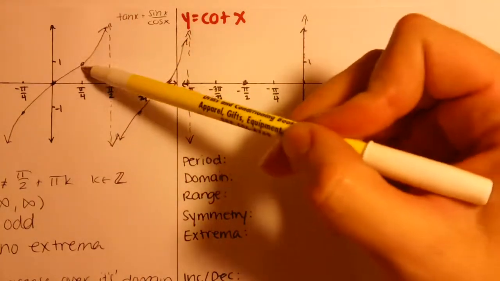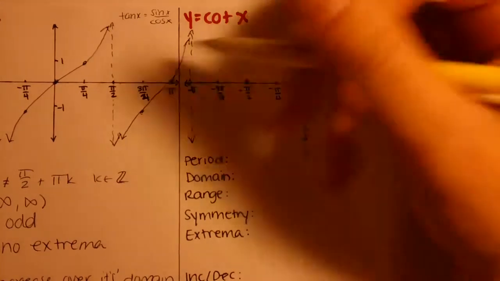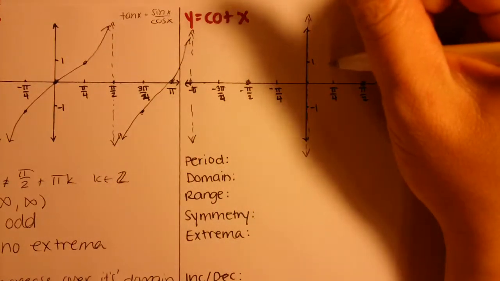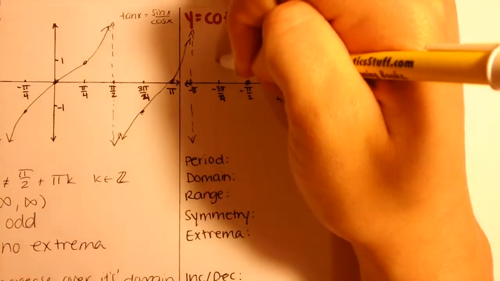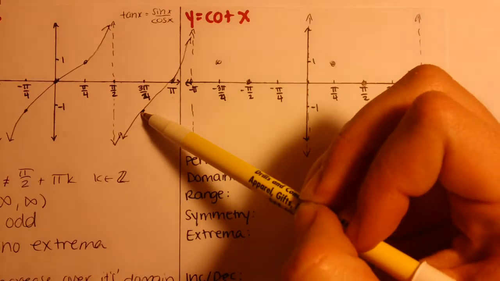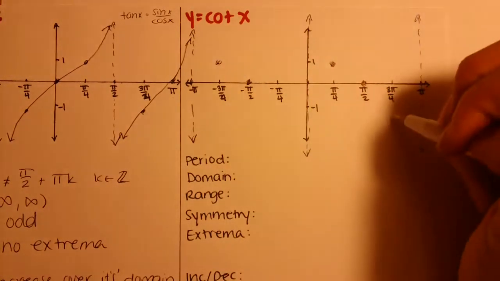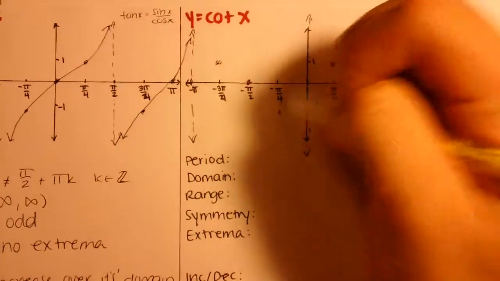Now, wherever we had 1, the reciprocal of 1 is still 1. So we'll have 1 at pi over 4, and we'll have 1 at negative 3 pi over 4. And then the reciprocal of negative 1 is still negative 1, so 3 pi over 4 is going to be negative 1. Negative pi over 4 is going to be negative 1.